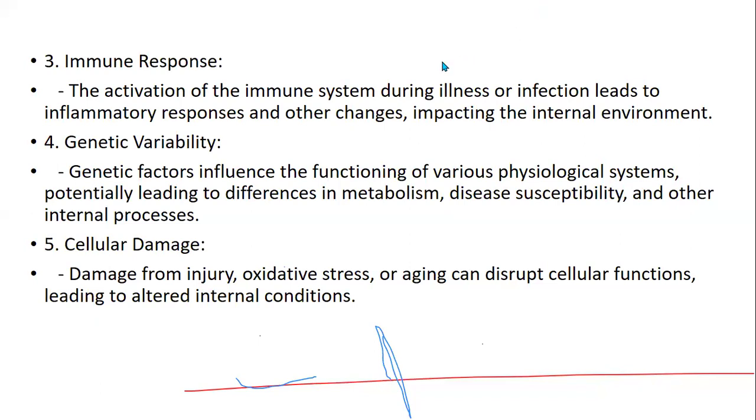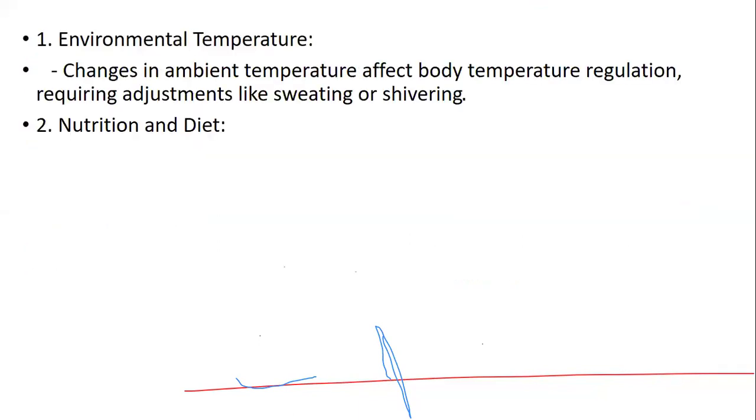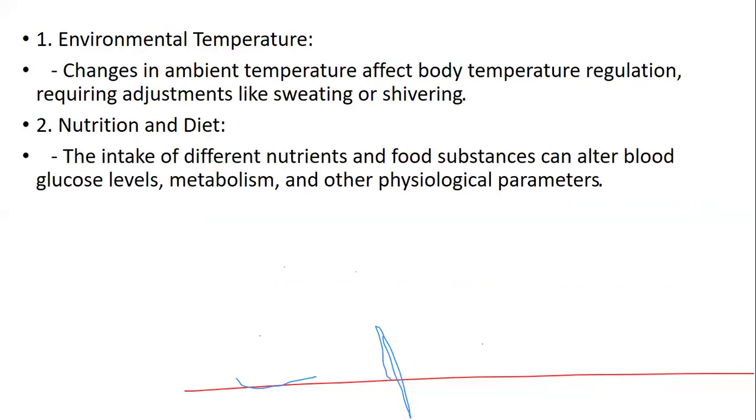Okay, let's carry on. Then we have the environmental temperature for the external factors, the nutrition and diet. If you take in certain nutrients that alter the blood glucose levels, like some people who are diabetic, it will cause problems for them.